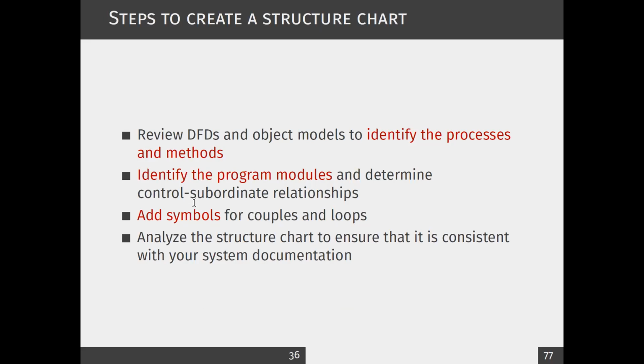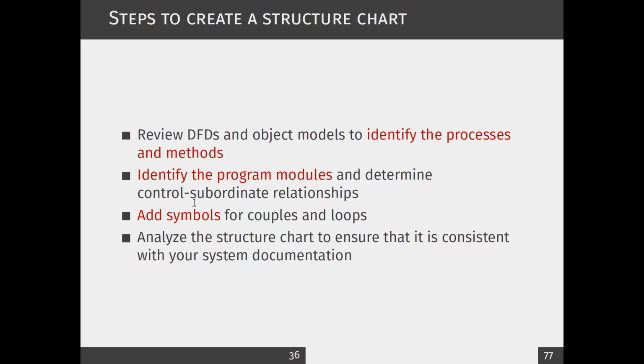Now that we have looked at how to design these modules, let's look at how we can create our own structure chart. The starting point will be data flow diagrams, which we have done earlier, and the object model, to identify processes and methods. Then we have to identify the program modules and determine the control subordinate relationships.